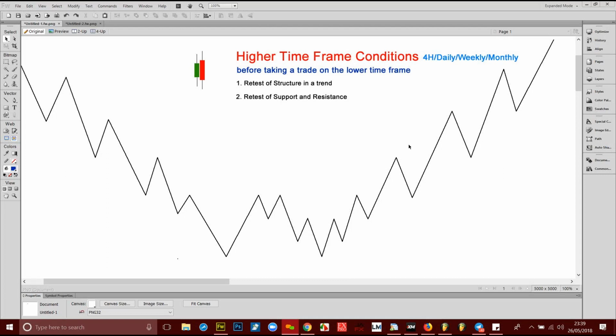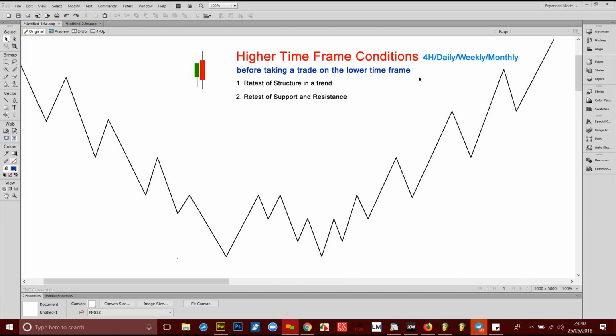For instance, if your higher time frame is the daily, maybe your lower trading time frame will be the 4 hour or the 1 hour. If your higher time frame is the 4 hour, maybe your lower time frame would be the 1 hour or the 15 minutes. If your higher time frame is the 1 hour, your lower time frame will probably be the 15 minutes or the 5 minutes.